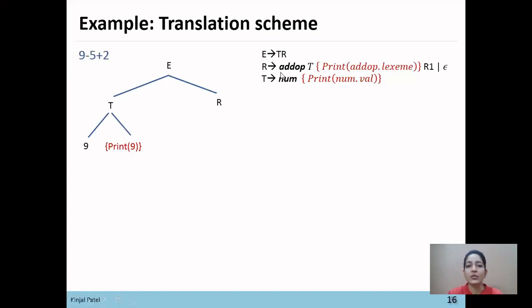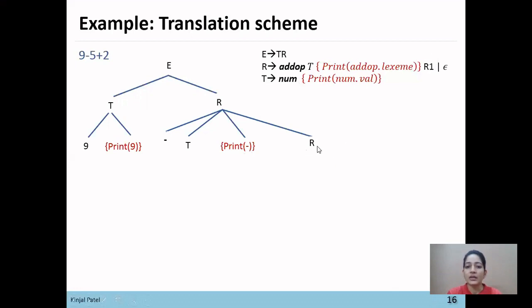Now next, R derives. So here is the rule of R, that is add operator. So here the operator is minus. So first the minus operator will get referenced, then T, then print minus and R1. Here R and R1 represent two different values.